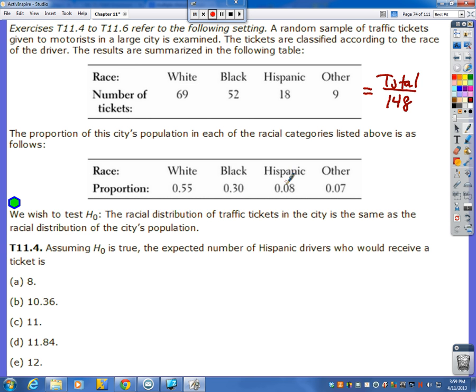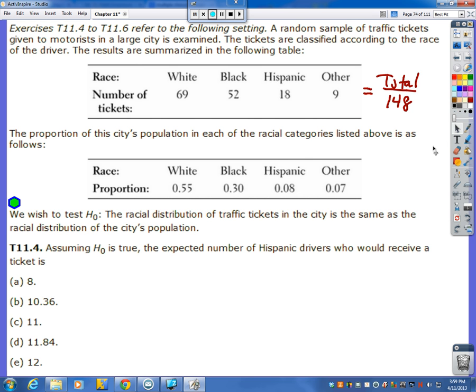And if 8% of the people are Hispanic, we should expect 8% of tickets to go to Hispanic people, and the same thing with the other category. So 4 here says, assuming the null is true, the expected number of Hispanic drivers who would receive a ticket is, so this is a goodness of fit test. We only have really one row, and we do have 4 columns here.